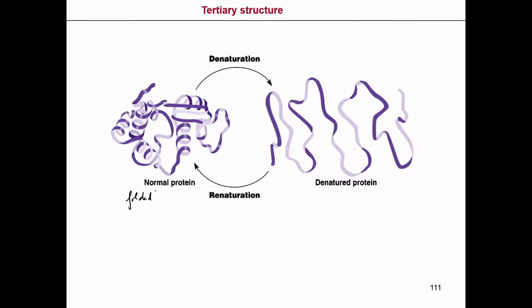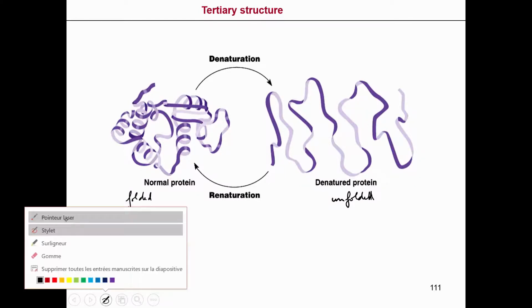And when this protein is submitted to an external stress, like temperature, an increase in ionic strength or salt concentration, or the addition of an organic compound, for example, the 3D protein will be unfolded. So it's what we call the denatured protein.